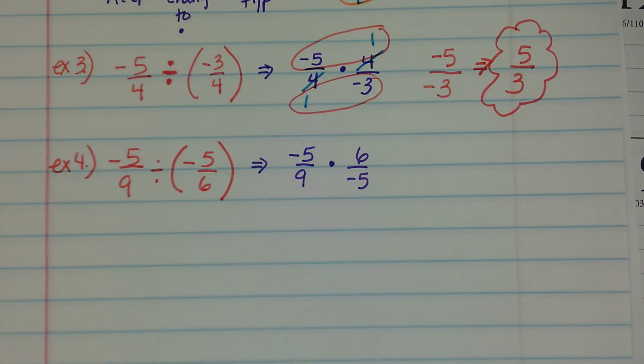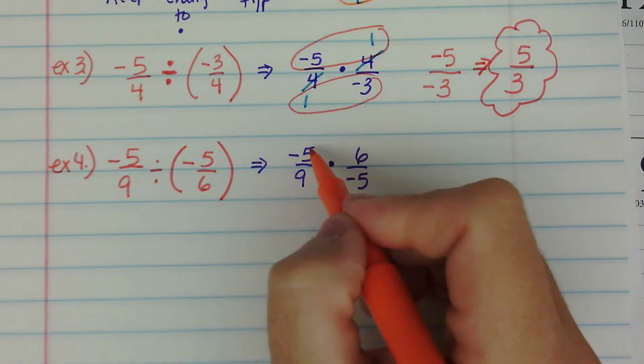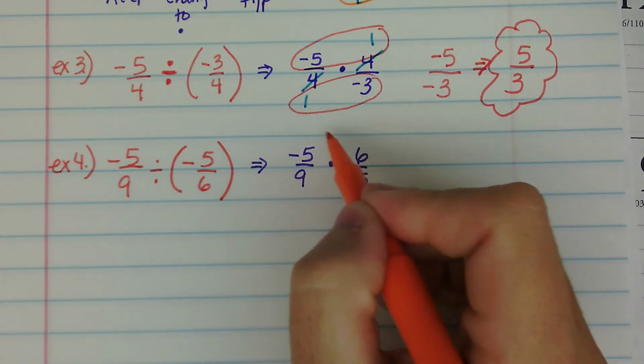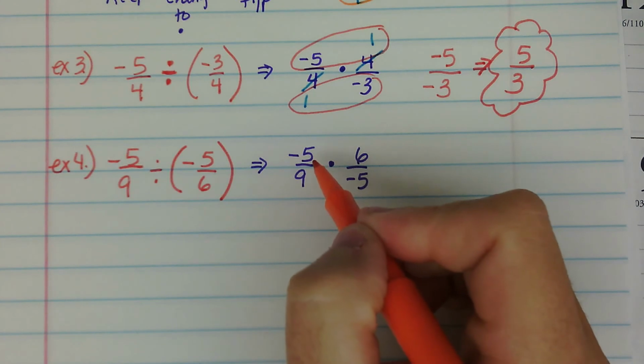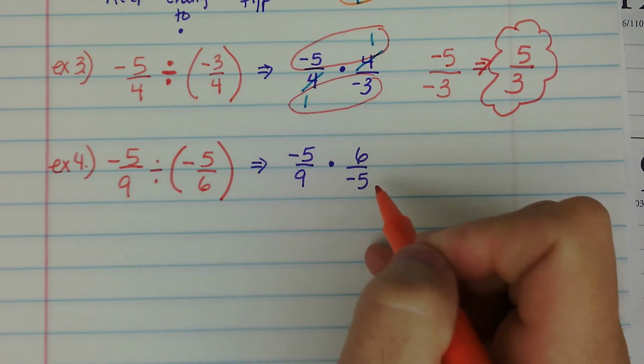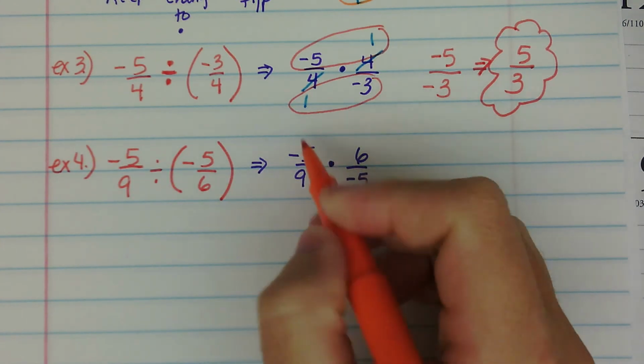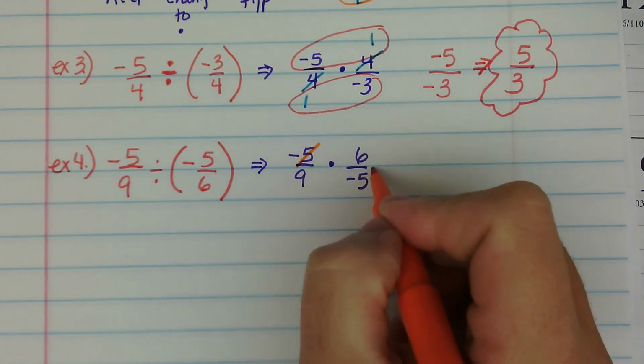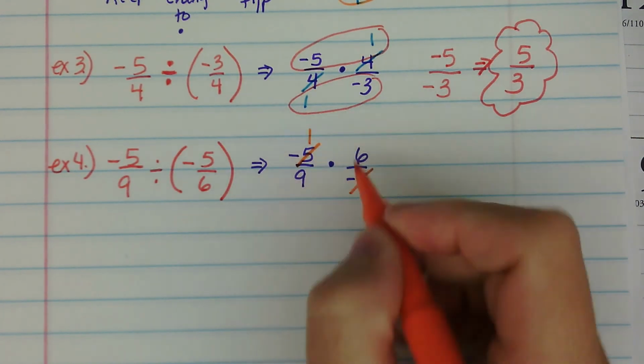Now what we're going to do is look for common factors. Look at the 5 on the top. Do you see any common factors or multiples on the bottom that happen to do with 5? Yes, they're the same, so we can divide 5s out and they become 1s.